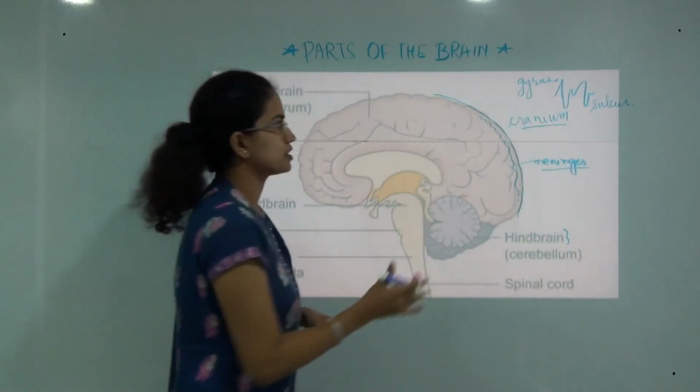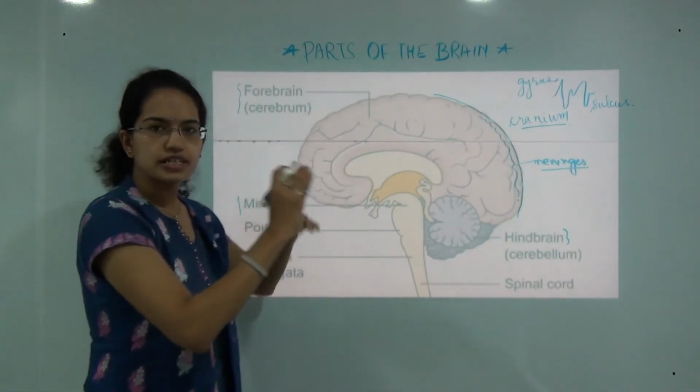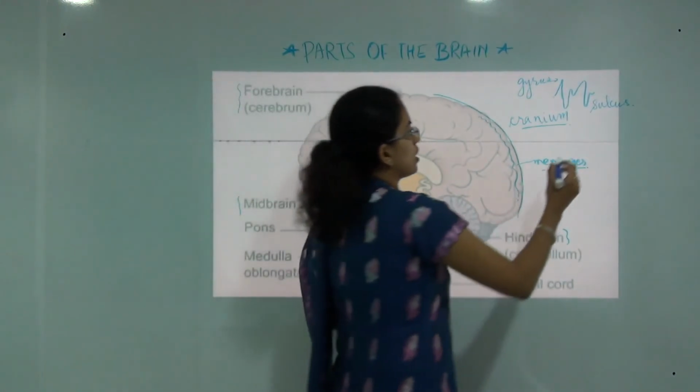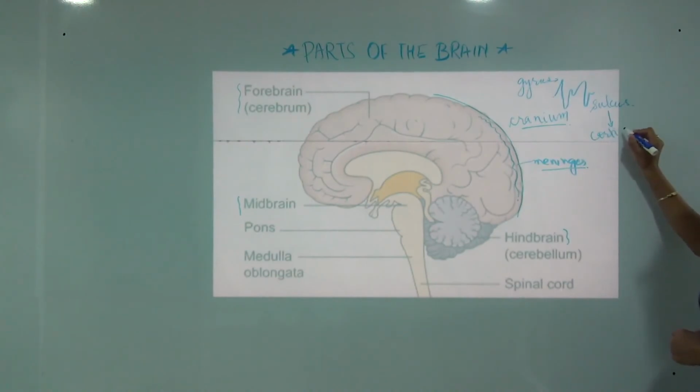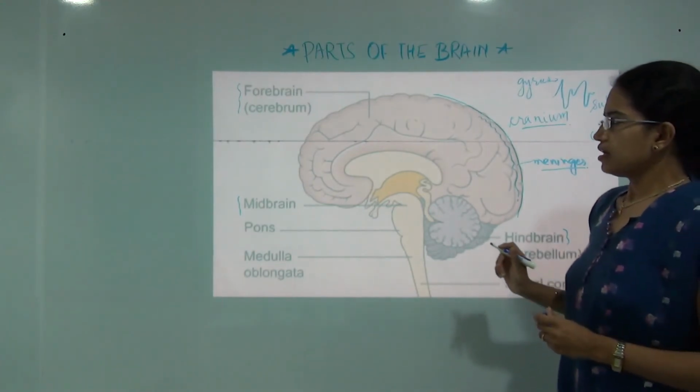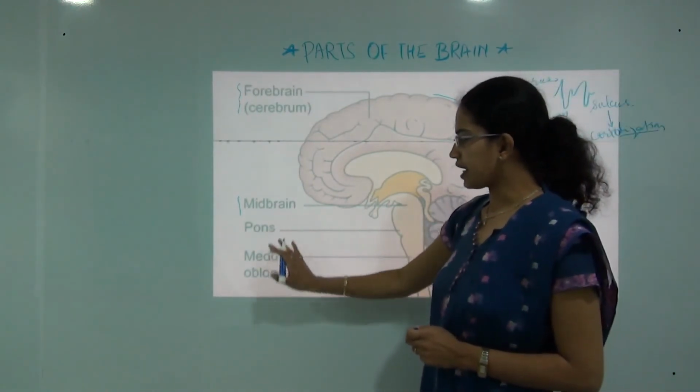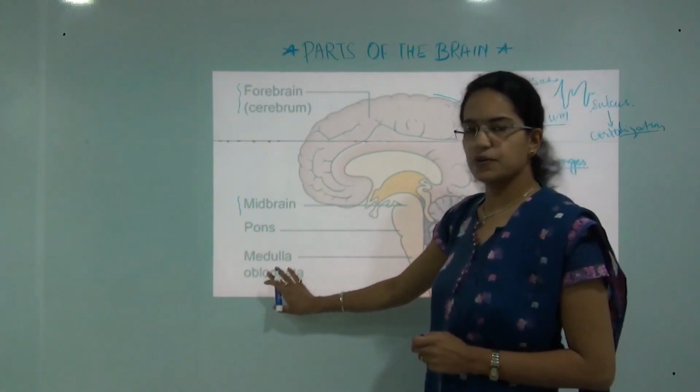And this whole process of grooves and ridges, which is found in the cortex, is classified under corticalization. Okay. Now, midbrain, pons, and medulla.